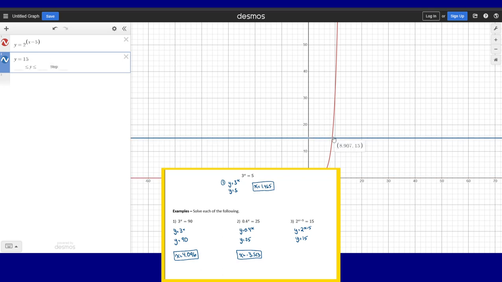Now I have the two equations, or two graphs. I click on the point of intersection. I get x is equal to 8.907. Again, we're looking only for the x value. So that is the solution to this equation.